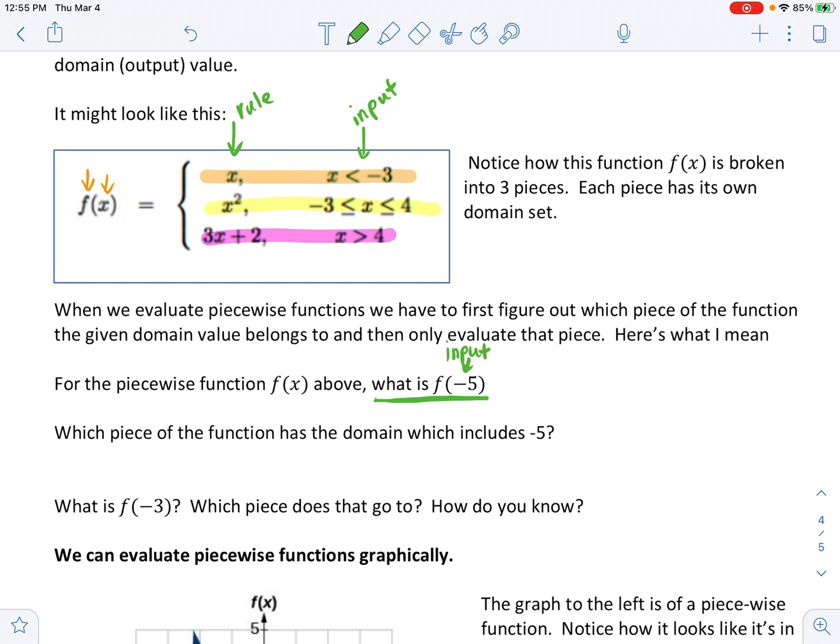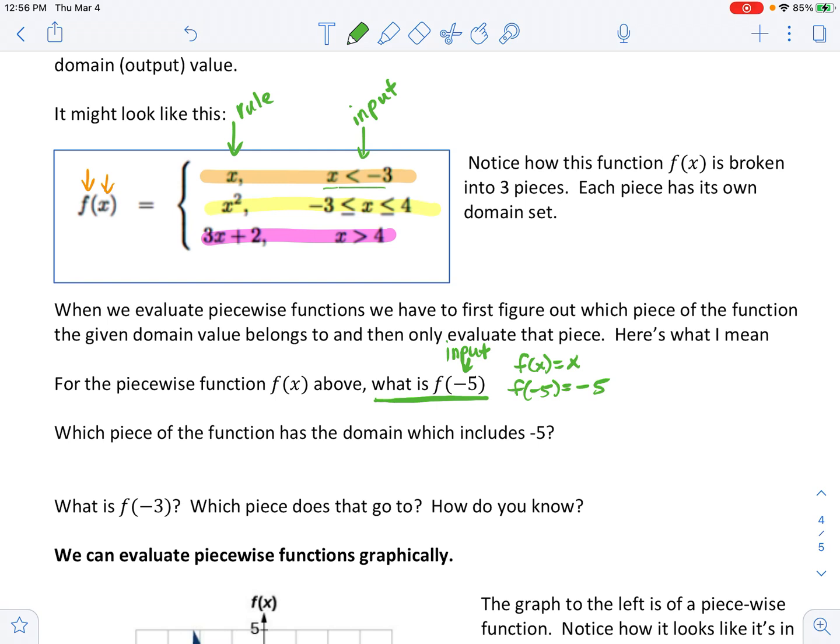So is -5 less than -3? Yes, it is, right? So -5 is going to fall into that piece of the function. So we're going to use f of x equals x. And remember that if -5 is the input value, then for f of -5, we replace all the x's with -5, and we get f of -5 equals -5.